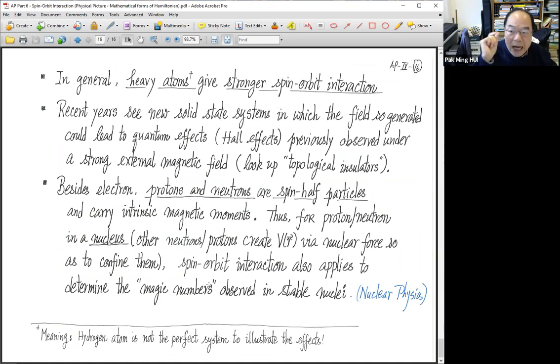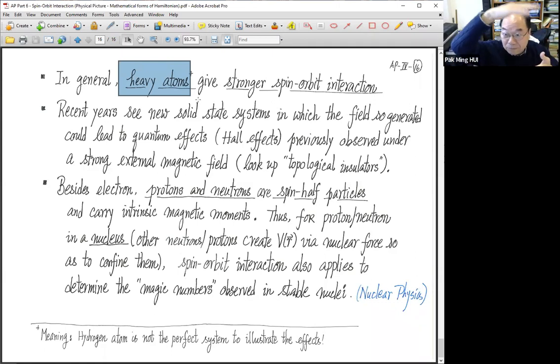And that usually happens in the heavier atoms. That is to say, down in the periodic table. And that is why in recent years, many people play with elements in topological insulator things, rather heavy elements in their compound. All right.